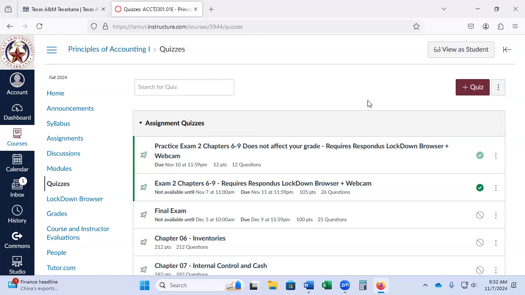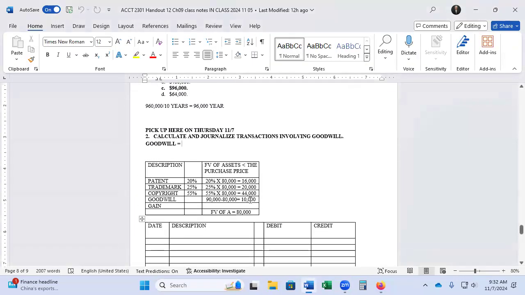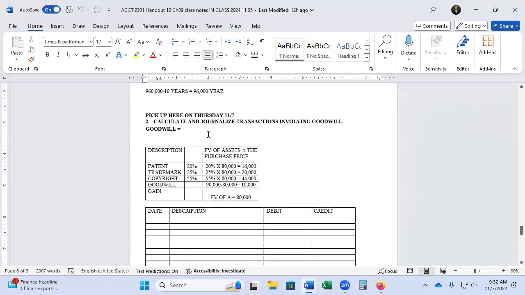We're picking up on chapter 9, handout number 12, and we're in the second part, calculate and journalize transactions involving goodwill.